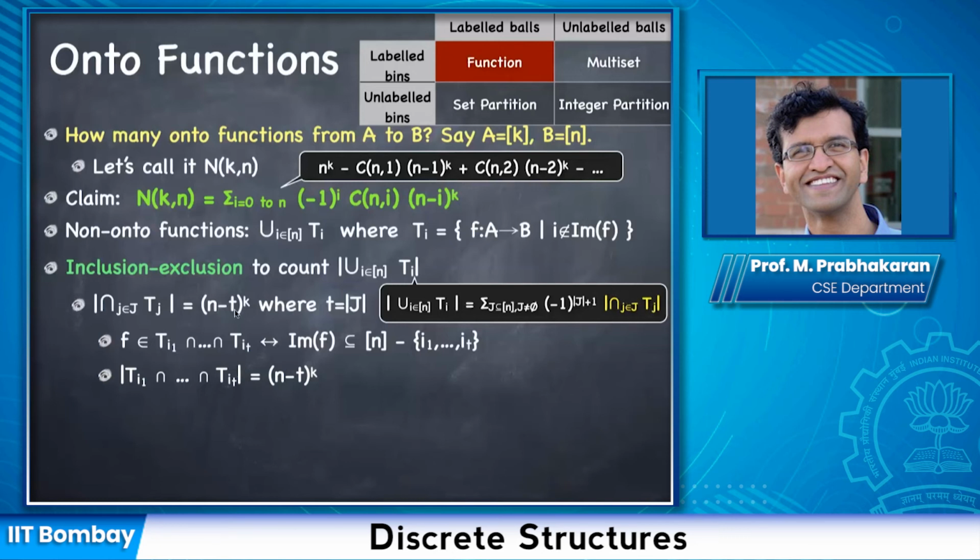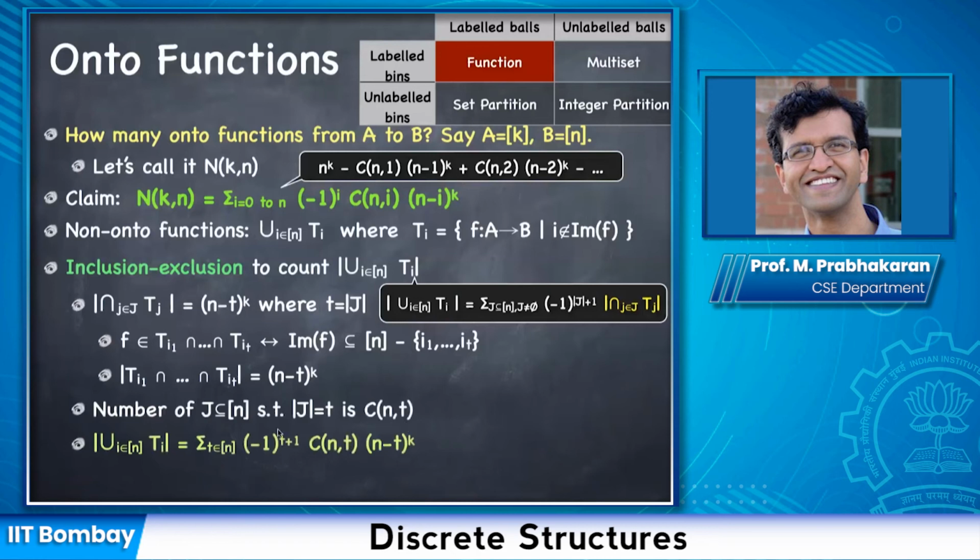So I can club them all together, find out how many of them there are, and multiply the (-1) to the t and (n minus t) to the k by the number of such J's. How many J's are there? There are exactly n choose t such J's. These are all the subsets of n which have t elements.